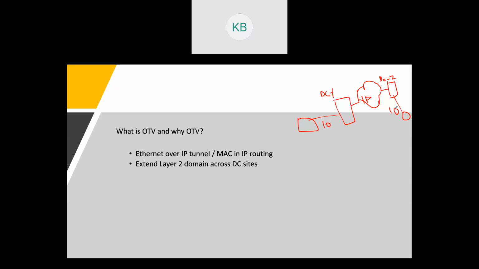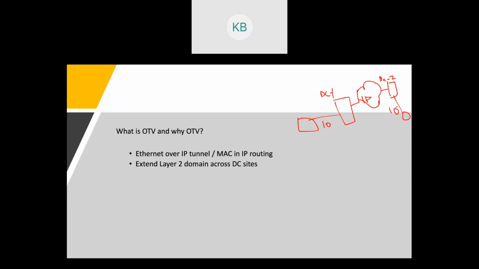So if you have one data center which is in San Francisco and you have another data center which is in New York, you can move the applications between the San Francisco and the New York data centers without even worrying about changing the IP address or anything.